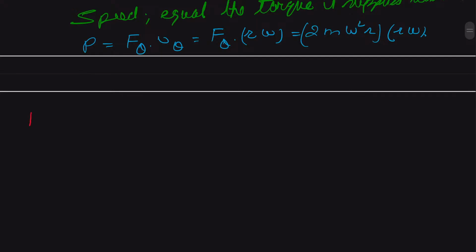So this gives us that the power P will be equal to 2m omega cube r square. Now we are going to find out the bead's kinetic energy.